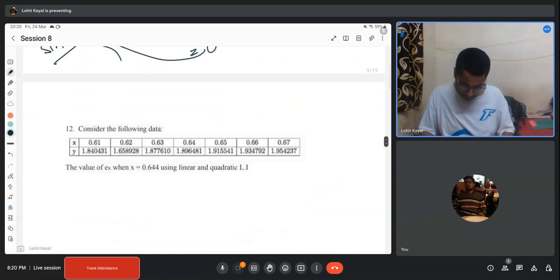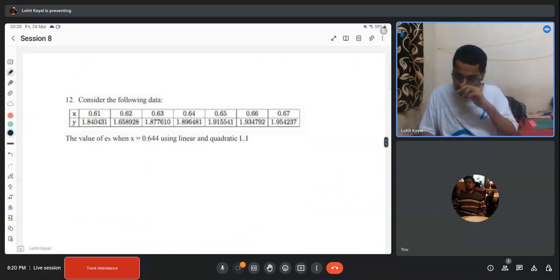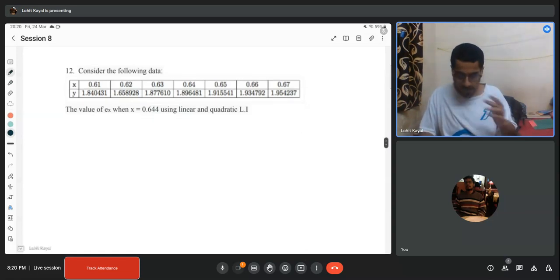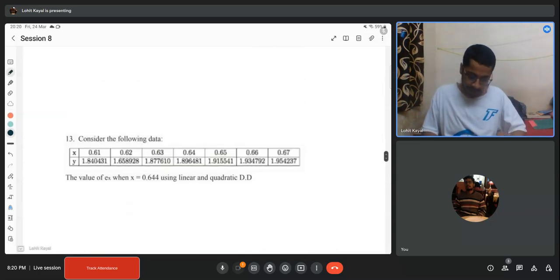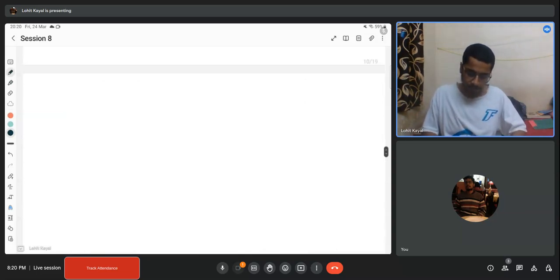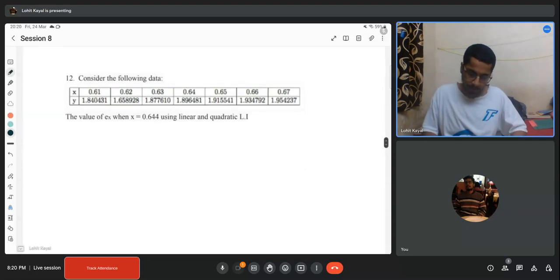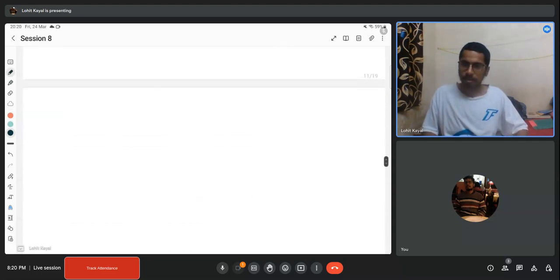So before that, I will talk about the spline interpolation, but before that, we need to solve this problem completely, using both Lagrange interpolation and the divided difference formula, using both linear and quadratic interpolation. This will sum up all these exercises. This question 12 is based on the Lagrange interpolation, and question 3 is based on the divided difference.